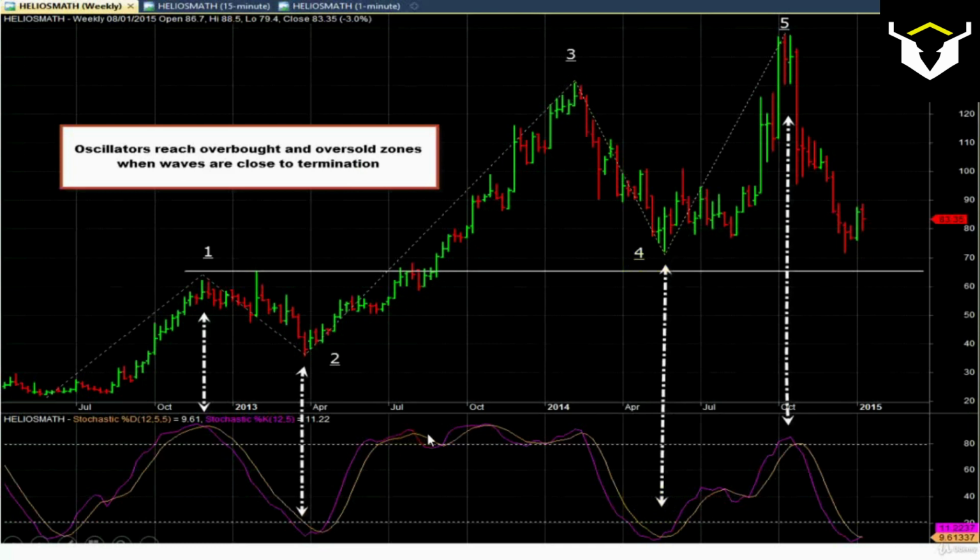You can see here in wave 3, the momentum gave an exhausted momentum reading, but then it lingered in the extreme level. Since wave 3 is the longest wave structure in Elliott wave structure, this is expected of momentum oscillators to hang themselves in overbought zones.